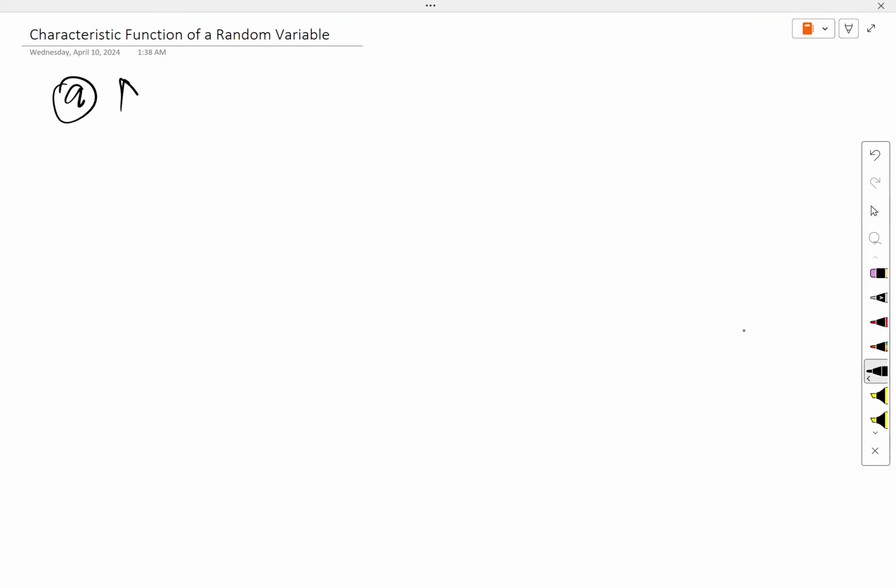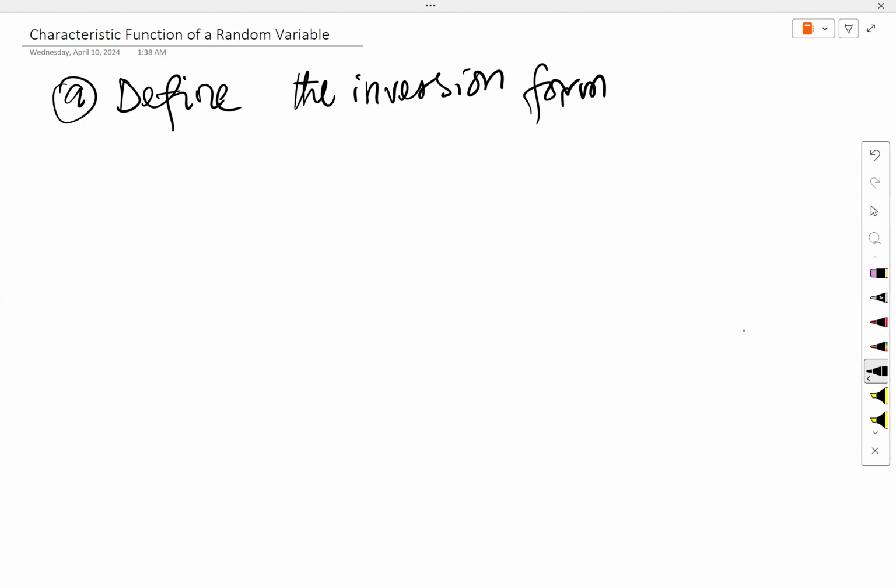We have to define the inversion formula. Mind you, you can have inversion in different contexts, maybe in the sense of transforms or probability and statistics.